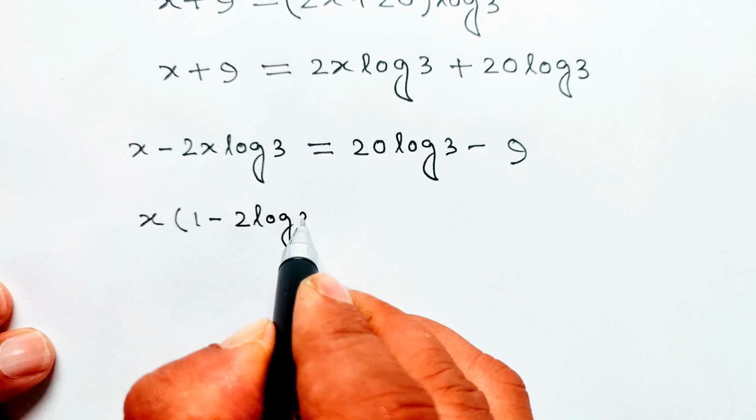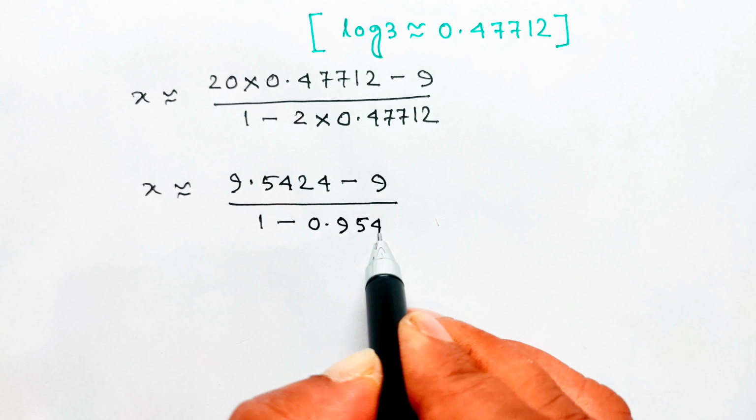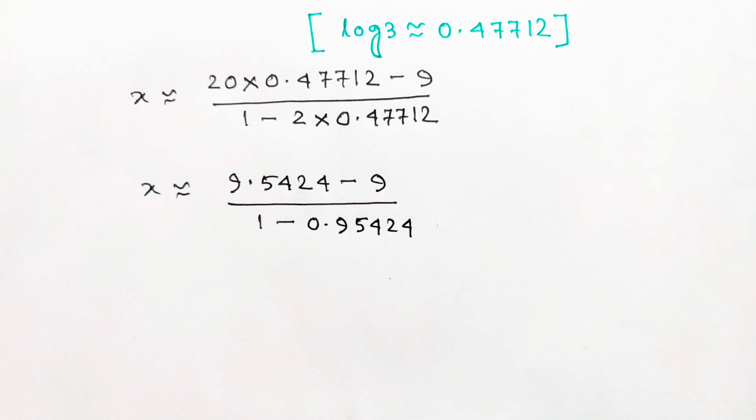9.5424 minus 9 divided by 1 minus 2 into 0.47712 equal 0.95424.